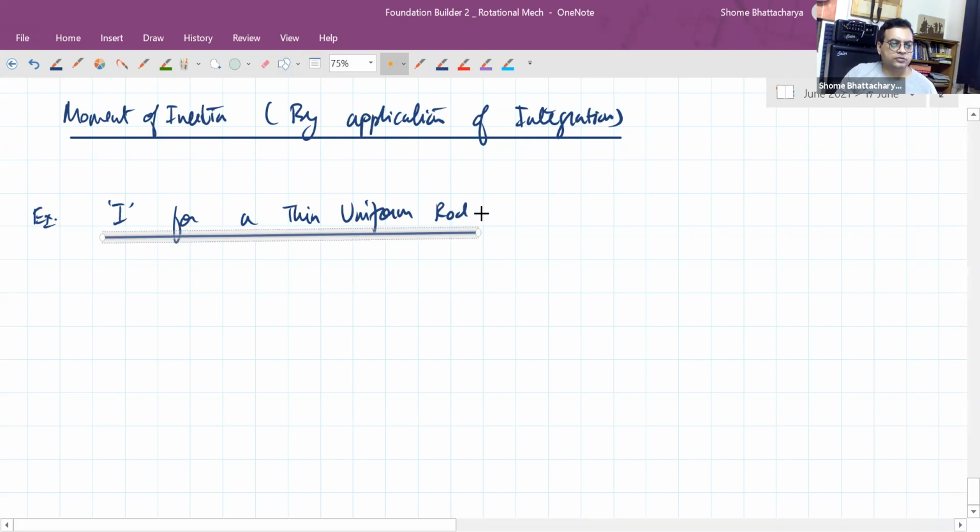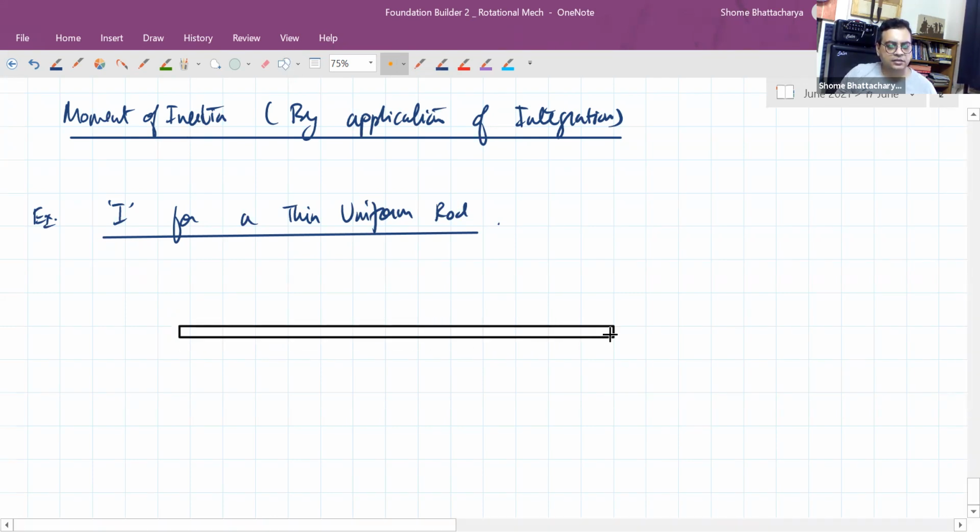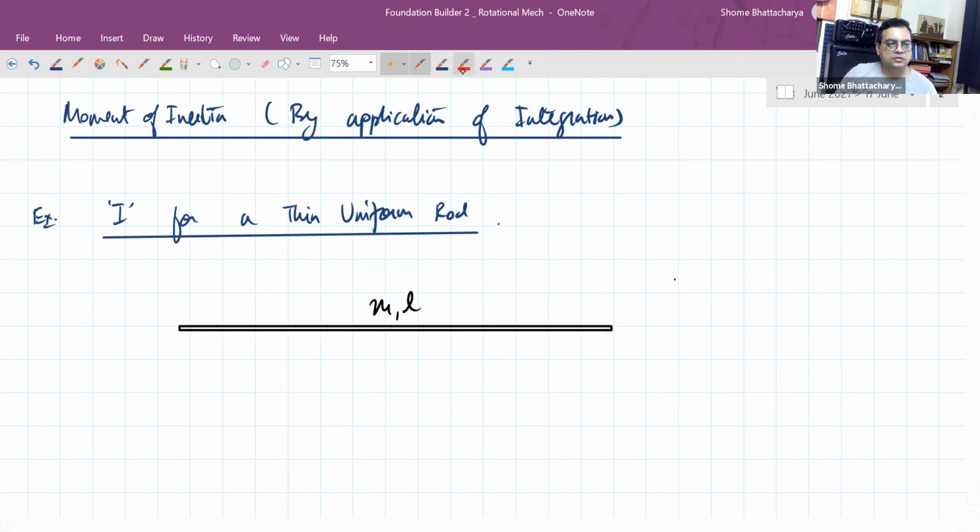Now of course, one thing you have to understand: moment of inertia's value depends not only on the rigid body we are talking about, but it also depends on the axis that we have selected. So we will take the axis to be through one end, suppose. So we take the axis of rotation perpendicular to the rod at one end.